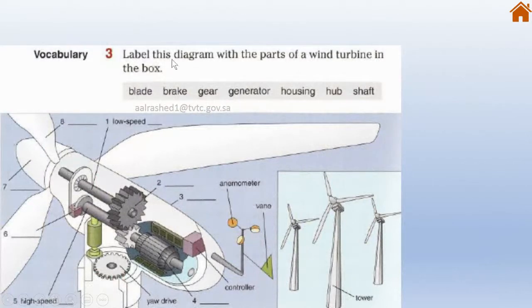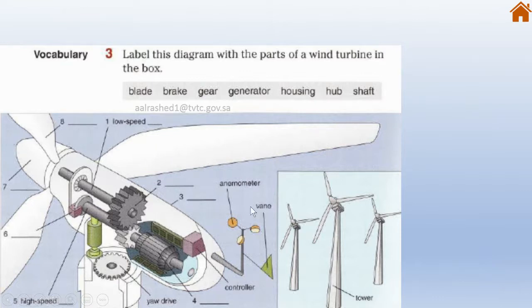Okay, for 3, we need to label the diagram. As we already talked about, a diagram is a picture that illustrates how a device works and contains a description of its internal parts. It is not a real picture, but a drawn one. We are talking about the turbine, and we go through its main components.